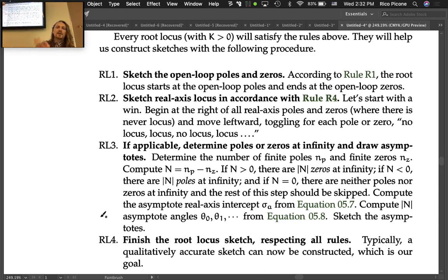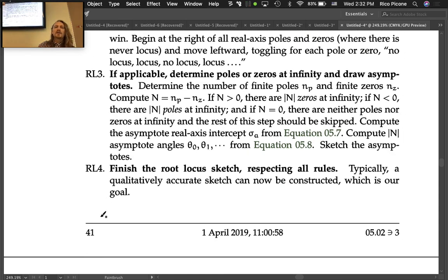Then we sketch the asymptotes, and finally we finish the root locus sketch respecting all rules. Usually we can come up with a nice qualitatively accurate sketch at that point, where you say, I need things to be symmetric. I'm pretty sure this pole goes to this asymptote. I'm pretty sure this pole goes to this zero, etc.